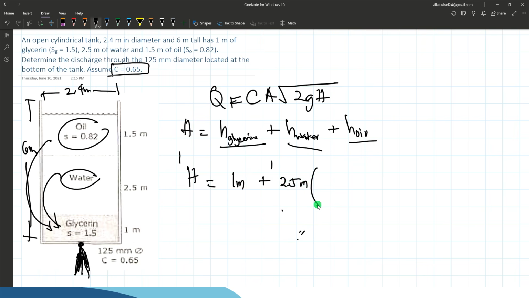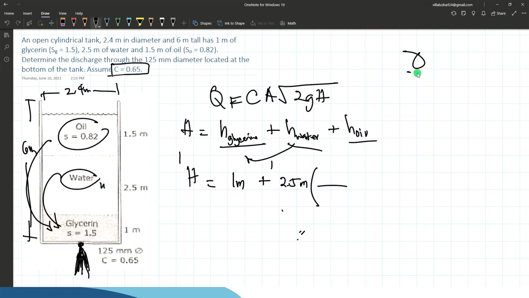So the conversion factor is just equal to the ratio of the unit weight or the specific gravity, because we can use either ratio in converting the head of a particular liquid into another liquid.